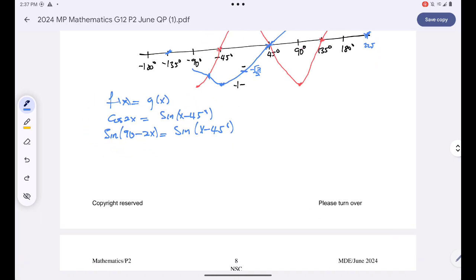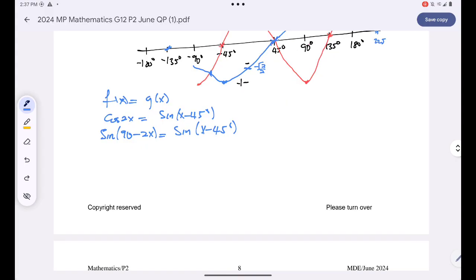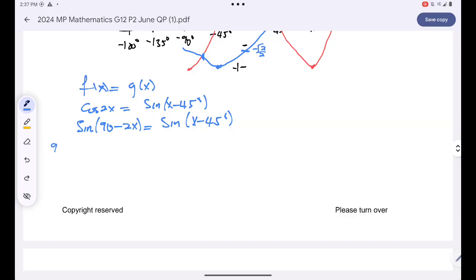Now, if, guys, my trig ratios are the same, that means the angles should be the same, okay? And the trig ratio I'm left with is sine. I just need to express these angles whenever sine is positive. I know that sine is positive in the first and second quadrant. So in the first quadrant, the answer will be simple. I'll simply say 90 minus 2x is equal to x minus 45 degrees plus k 360 degrees.